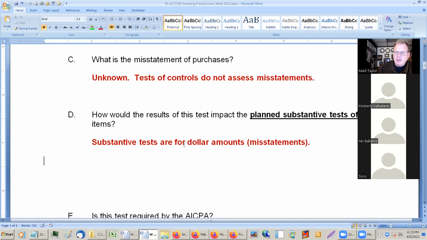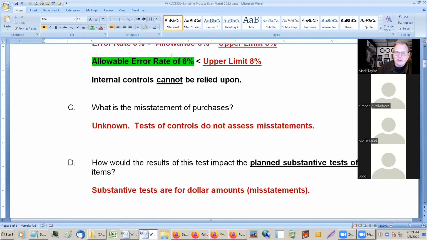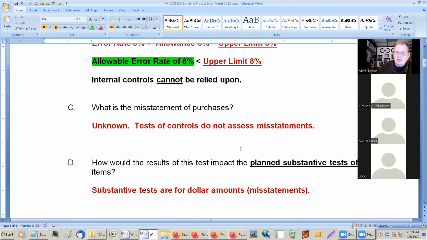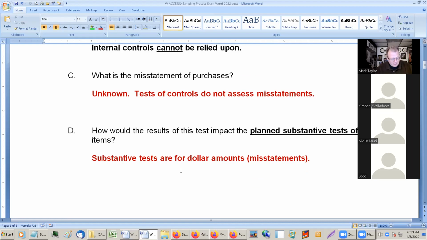So even though there might not be anything wrong, there's more likelihood that there could be more misstatements than we thought, because we were shooting for an error rate of 6% and the upper limit's 8%. So there could be more errors than we thought. So you will increase the substantive test.